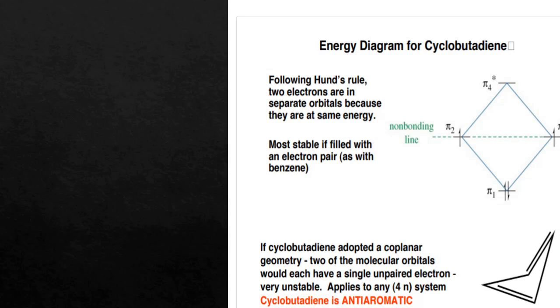And therefore cyclobutadiene is anti-aromatic in nature. The reason for the anti-aromaticity is the presence of unpaired electrons, which are considered highly unstable, and the unpaired electrons are present in the non-bonding orbitals.